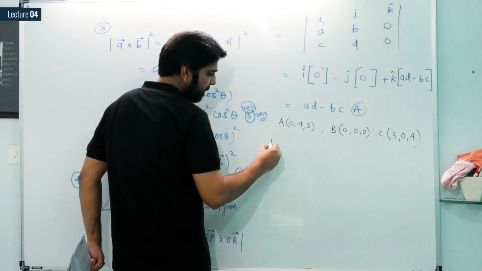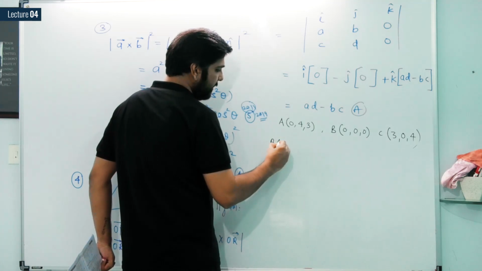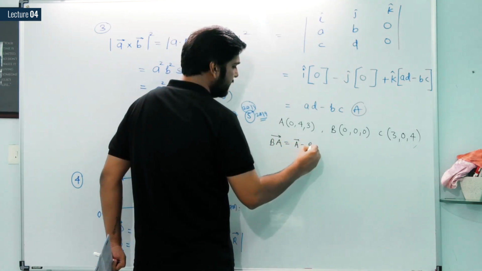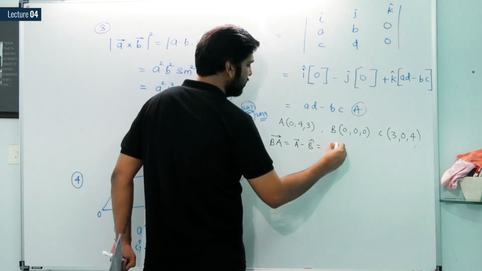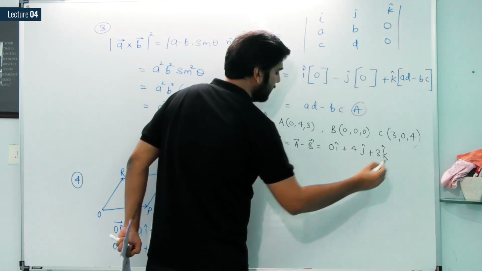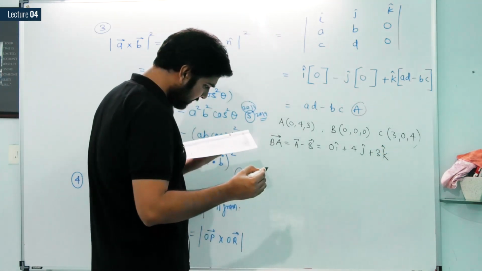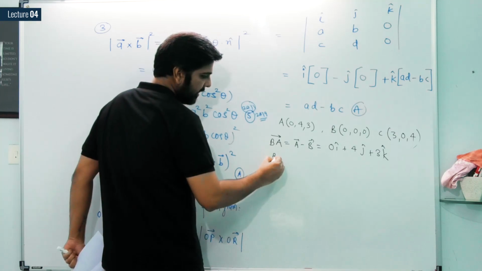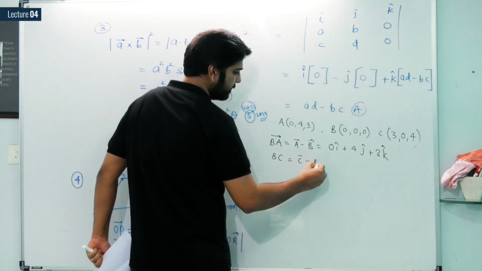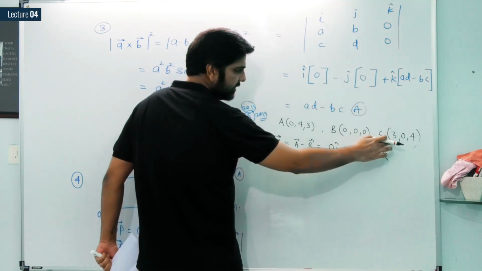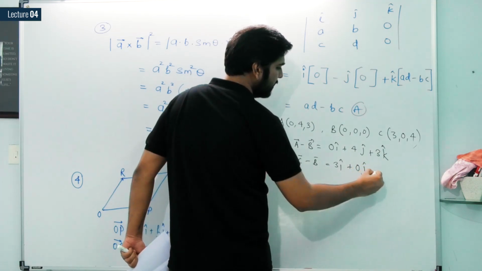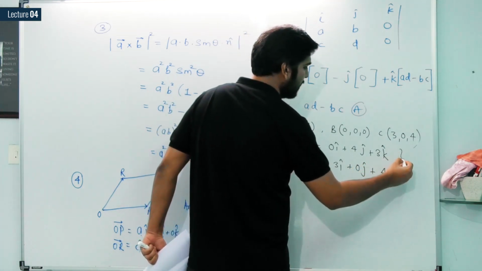Firstly, I am calculating BA. BA is nothing but A minus B, so it is nothing but 0I plus 4J plus 3K. Fine. BC is nothing but C minus B. So C minus B is nothing but 3I plus 0J plus 4K.